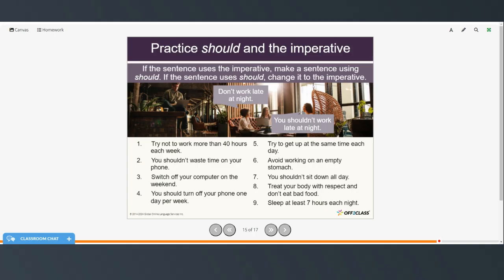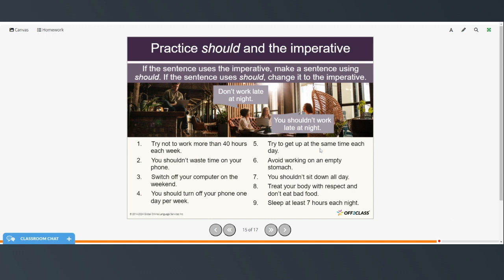Okay, so number one would be you shouldn't work more than 40 hours each week. Don't waste your time on the phone. You should switch off your computer on the weekend. Turn off your phone 1 day per week.